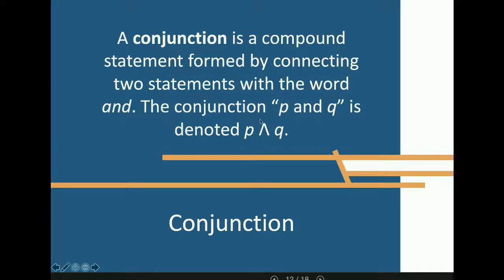We use this little symbol. It kind of reminds us of the symbol we used with sets for and. For sets, we used this. Well, we have the upside down V for and for statements, and this would be statement P and statement Q.